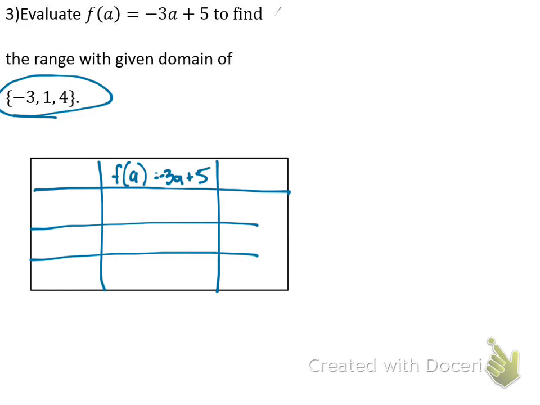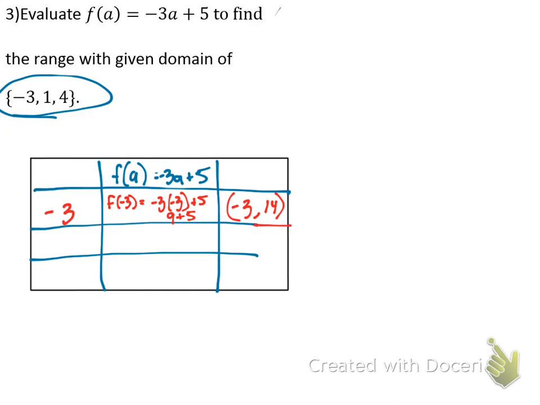Our first input is negative 3, so let's put this one in. f of negative 3 is equal to negative 3 times negative 3 plus 5. What's negative 3 times negative 3? 9. What's 9 plus 5? 14. So if I put in negative 3, I get positive 14 out of this machine.